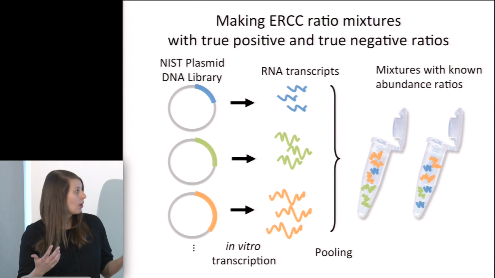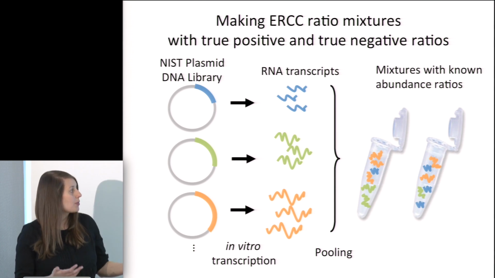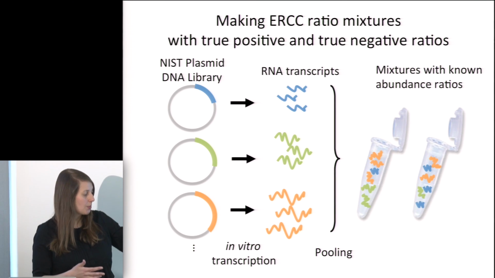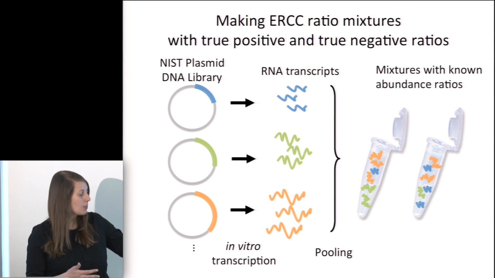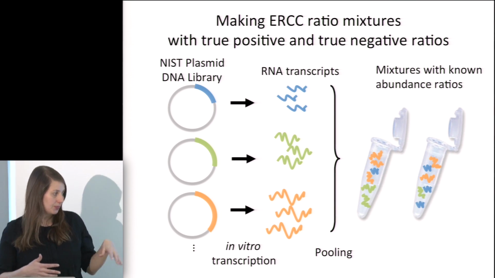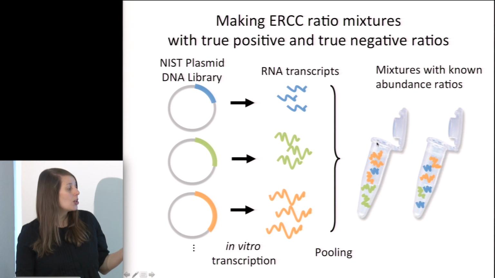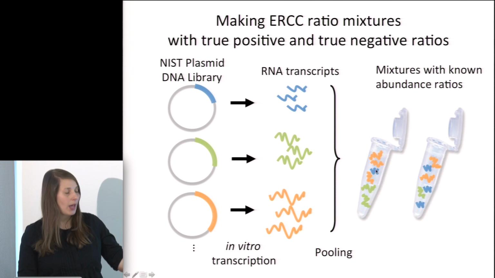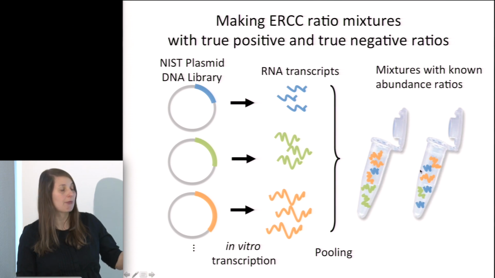We choose different plasmids from the DNA plasmid library, and produce RNA transcripts from each of those plasmid types, and then pool them into mixtures with known abundance ratios. So for example, you can see here that in tube number 1, we have 1 blue transcript, and in tube 2, we have 3 blue transcripts.